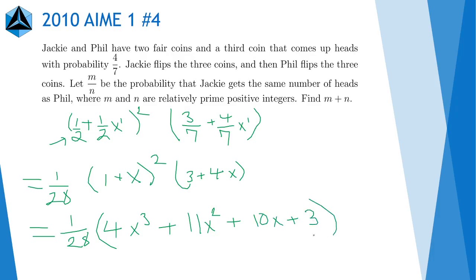And so this is the probability distribution of flipping k number of heads when we flip these three coins. The 4 corresponds to the number of ways you can flip 3 heads, so 4/28 is the probability. There are 11 ways to flip 2 heads, 10 ways to flip 1 head, and 3 ways to flip 0 heads.